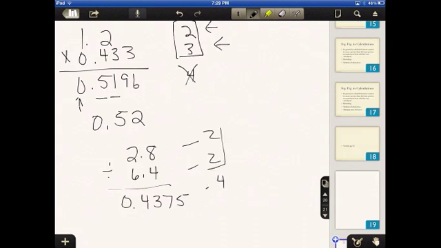My answer can only have the least of my factors. So it can have 2. So therefore, I've got to round off so that there's only 2. Not significant here. So here and here, I'm going to round it off, and I would get 0.44 for an answer.